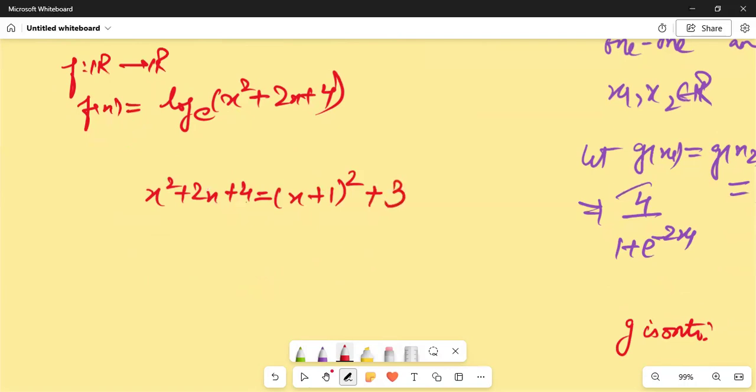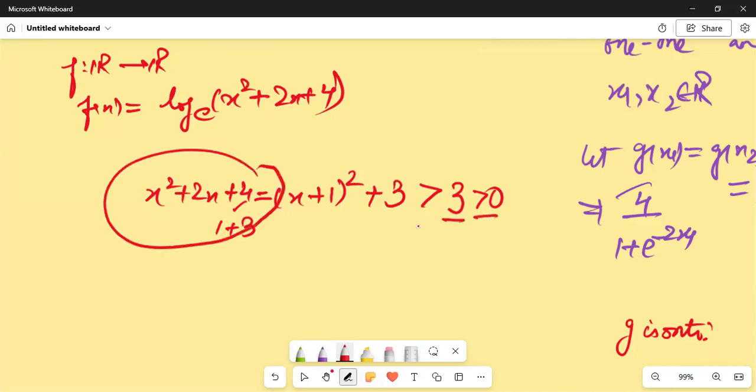You can see that this is strictly greater than 3, and so strictly greater than 0. So this means it is always positive. That is the reason we can apply log on this function, because it is never negative or 0. It is strictly positive. Okay, this was just an observation, and now you have to find the derivative of it.